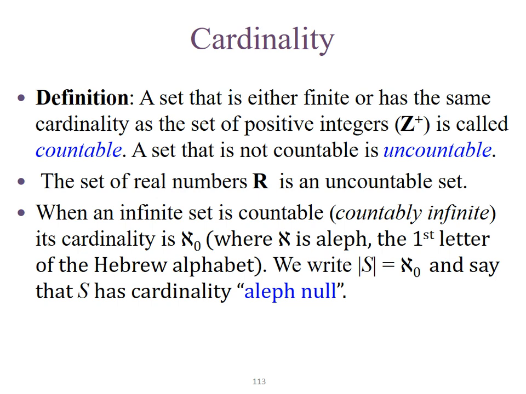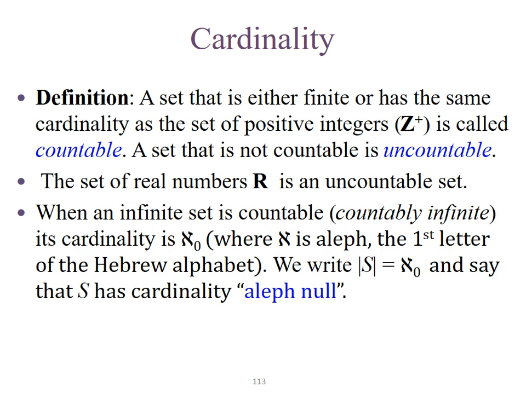Then we have the second case. If it has the same cardinality as the set of positive integers Z plus, which is 1, 2, 3, 4 to infinity, right? We don't have the number of elements of that set, the cardinality. But you can count that set 1, 2, 3, 4, one by one.